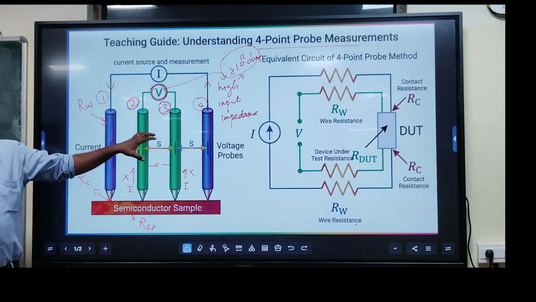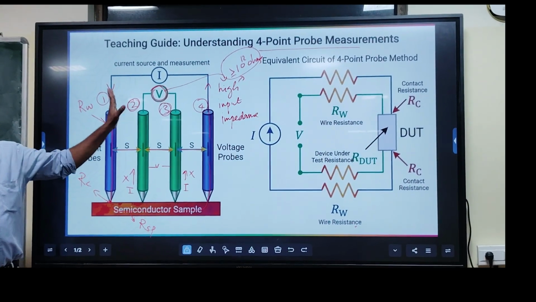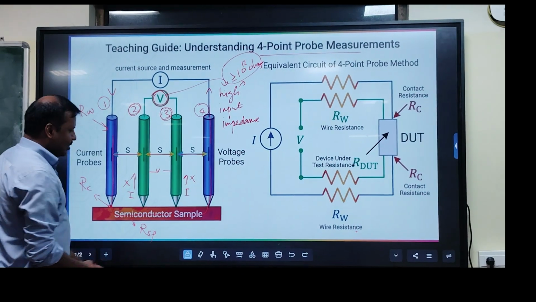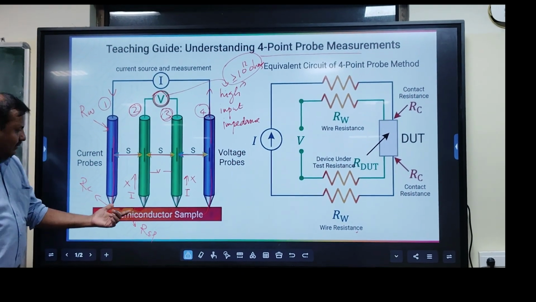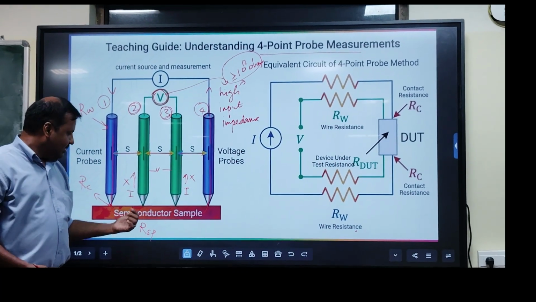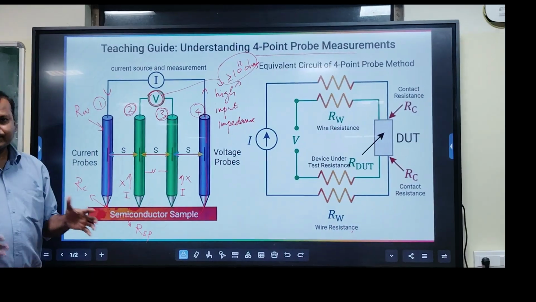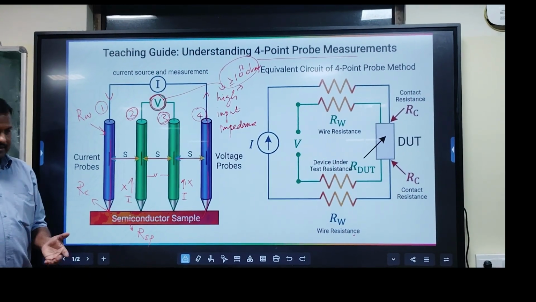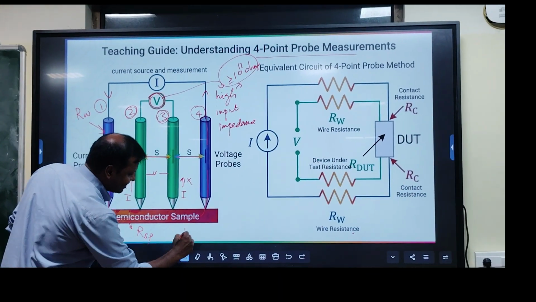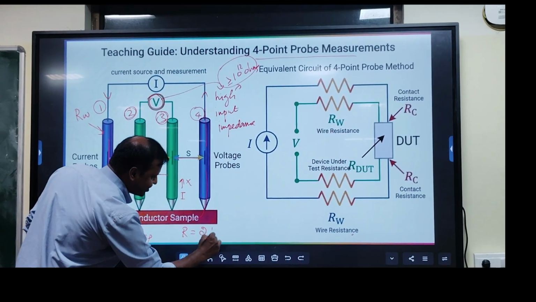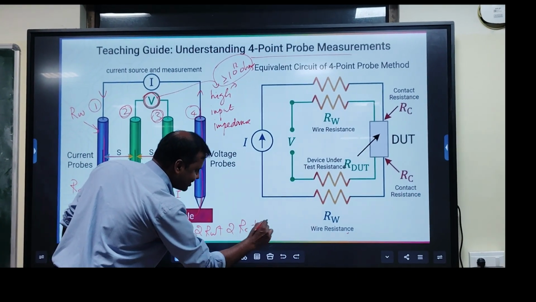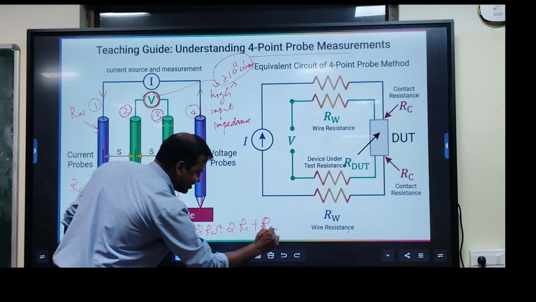Therefore, this method has an advantage over the two probe method. Because of this, the contribution of the contact resistance and the wire resistance will be less. The total resistance we write is R equals 2 times the wire resistance plus 2 times the contact resistance plus the spreading resistance.